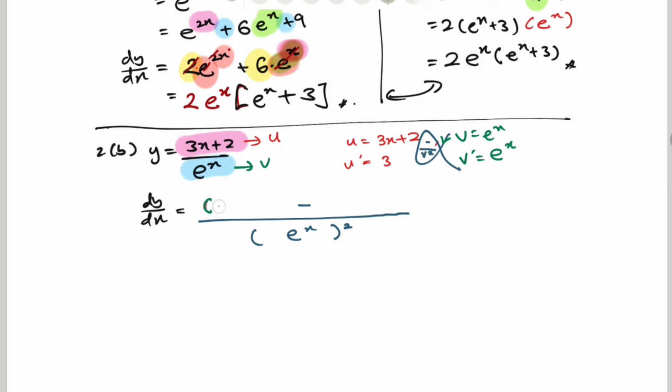You start from v, e to the power of x. You go down and meet u prime, which is 3. After that, you go upwards and meet u, which is 3x plus 2. And then you go down to meet v prime, which is e to the power of x.